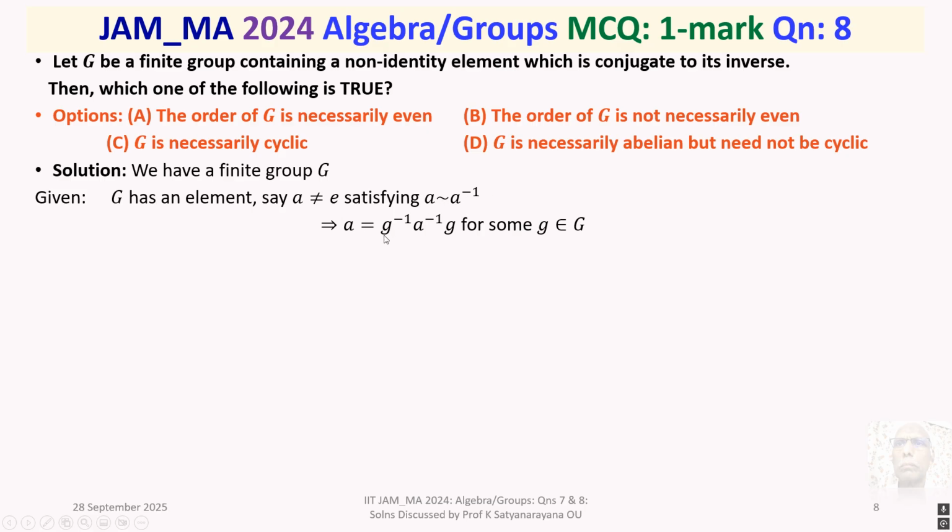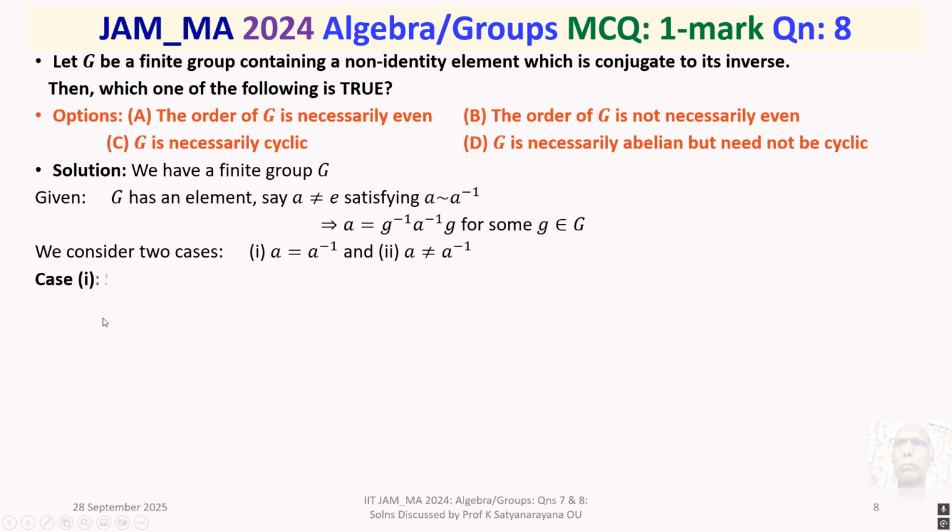A is equal to G inverse A inverse G for some element G belongs to the group G. We consider two cases. That is, A is equal to A inverse, first case, and A not equal to A inverse.